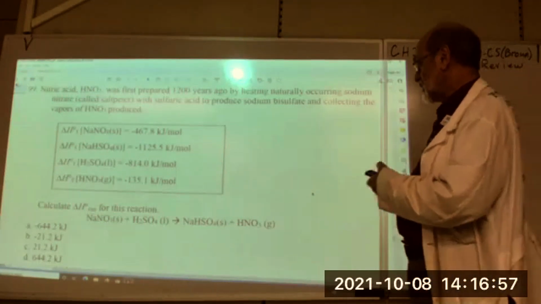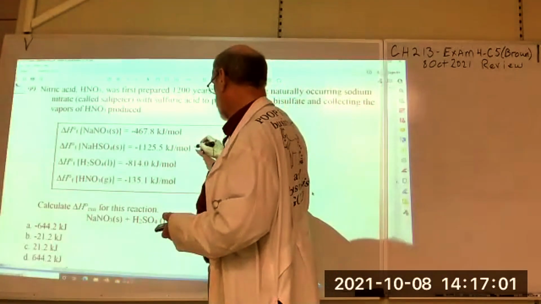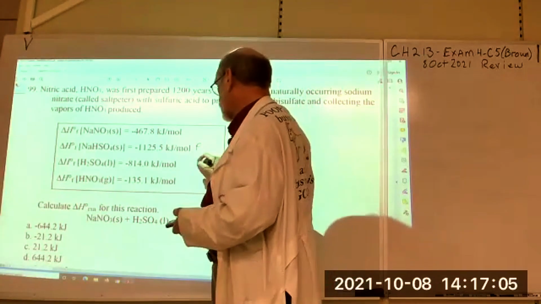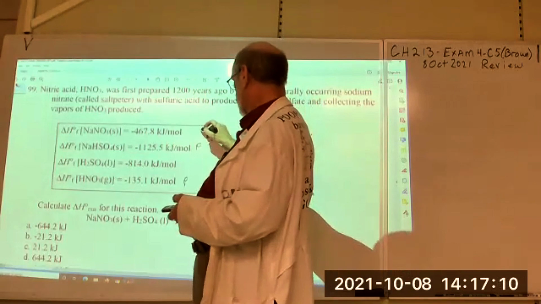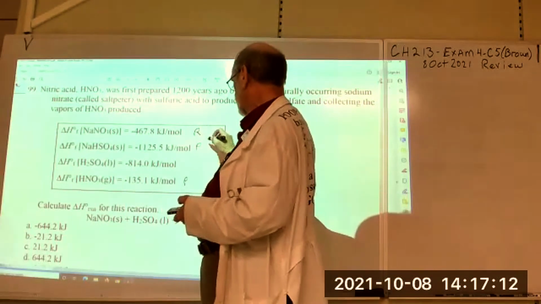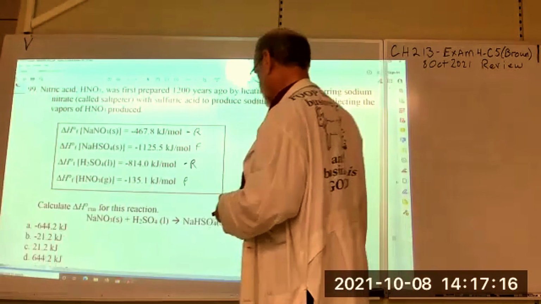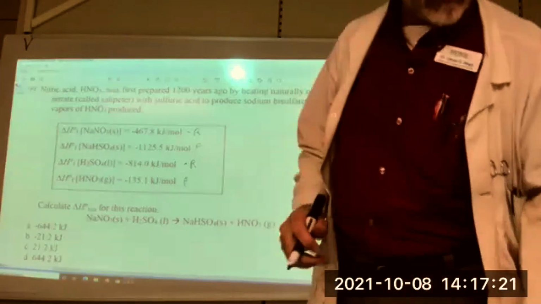So all we have to do is say, this one here, this is product, and this one, product, minus this one, reactant, and this one, reactant. Okay, and we should get the correct answer.